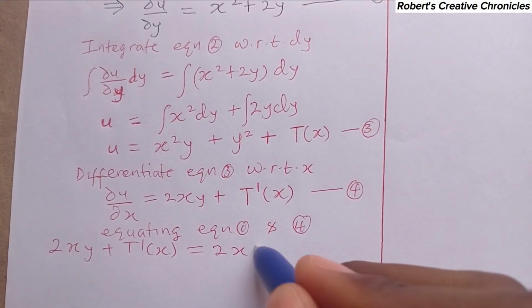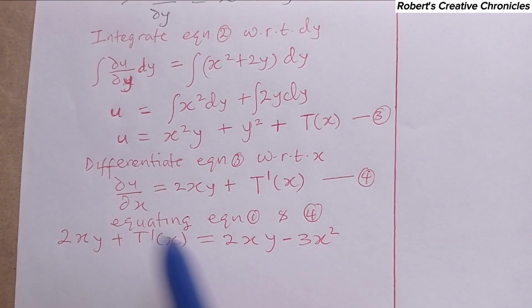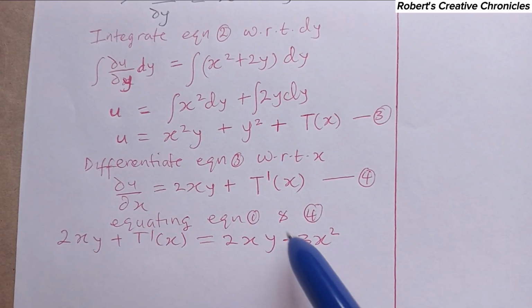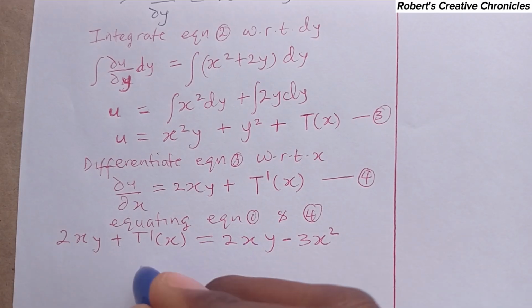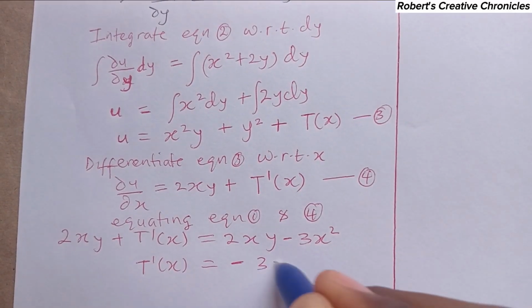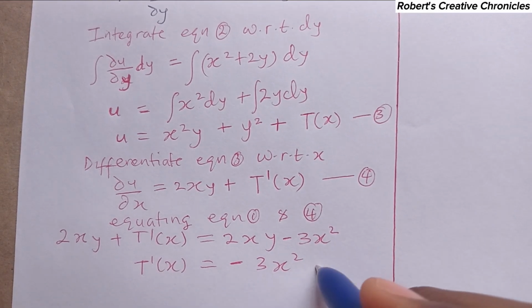Now this will move here: 2xy minus 2xy is 0. So t prime of x is minus 3x squared, because this and this cancel each other. So this becomes our equation 5.